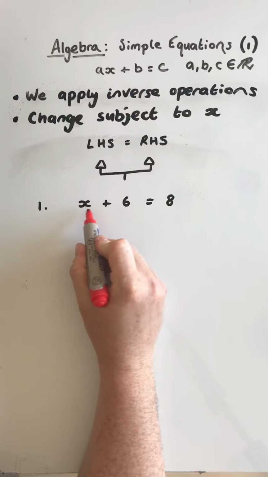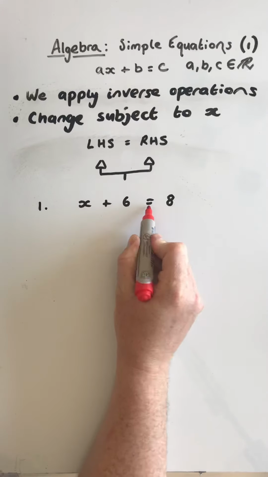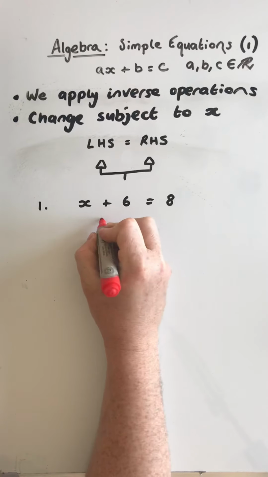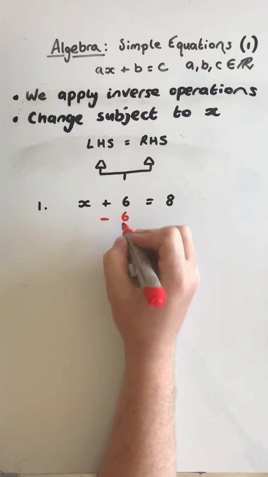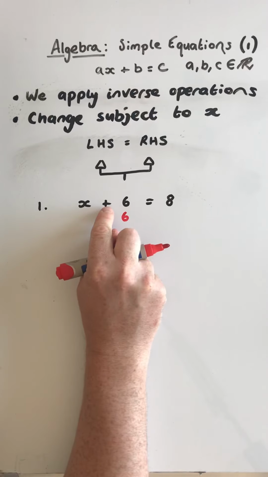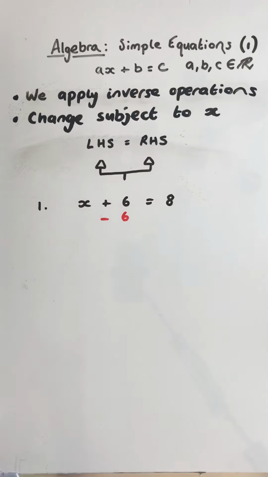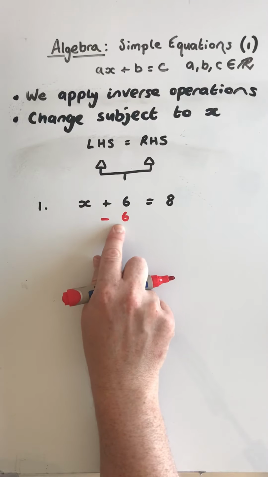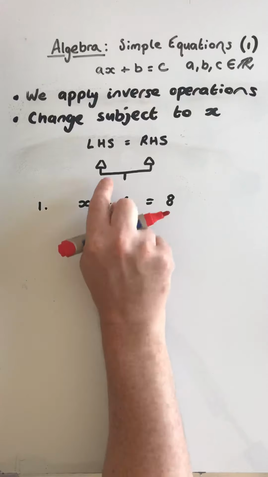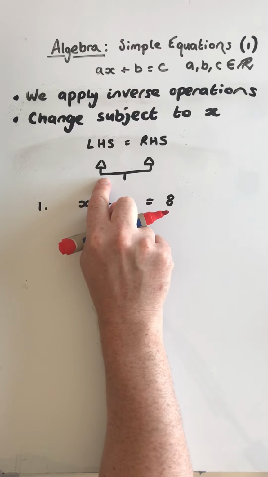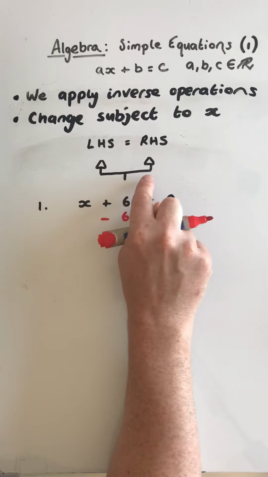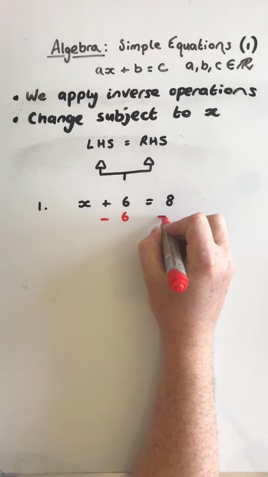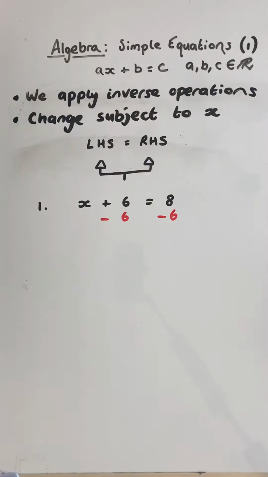Now, x add 6 is equal to 8. The inverse operation of addition is minus. Right, the additive inverse is minus. Now, if we subtract 6 from one side of the set of scales to keep it balanced, so that the left hand side is equal to the right hand side, we must also do this here.